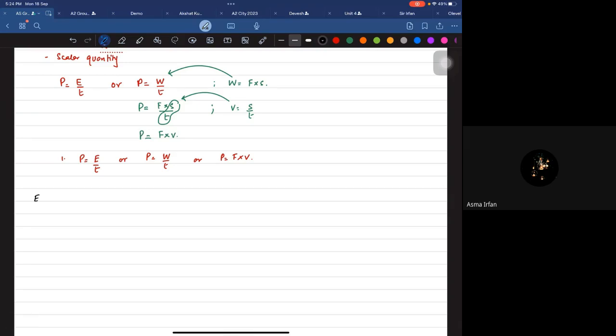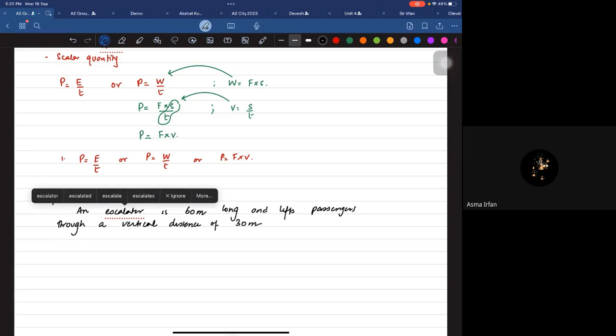In this example, it says an escalator is 60 meters long and lifts passengers through a vertical distance of 30 meters.